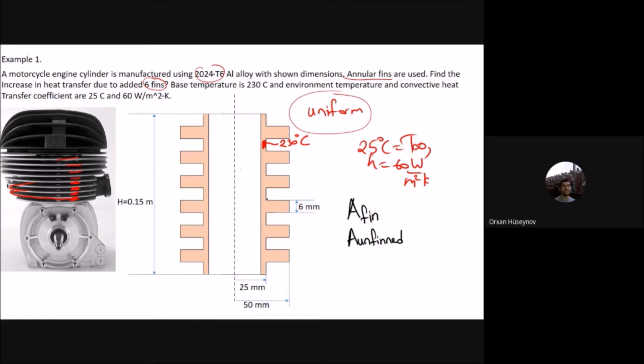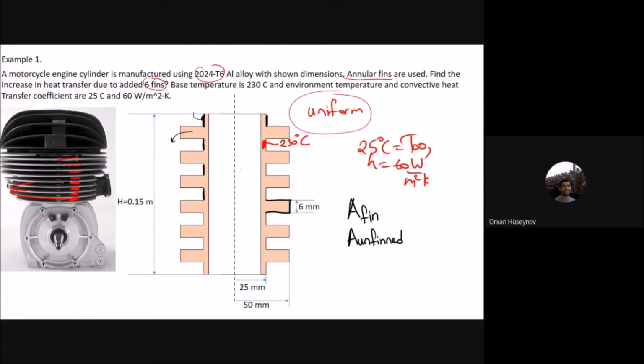The area of the fin is clear. The unfinned part is these parts that do not have any fin. We should find the area of these unfinned parts, because heat transfer happens from the unfinned parts as well as from the finned parts.